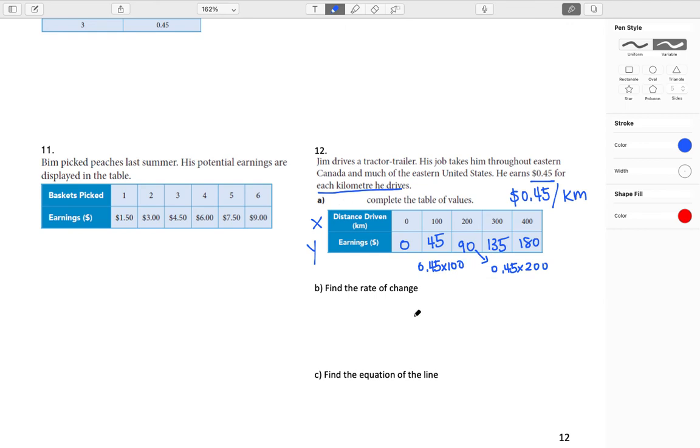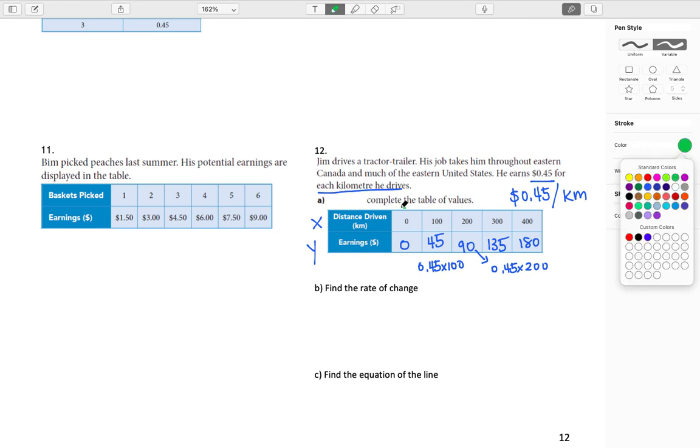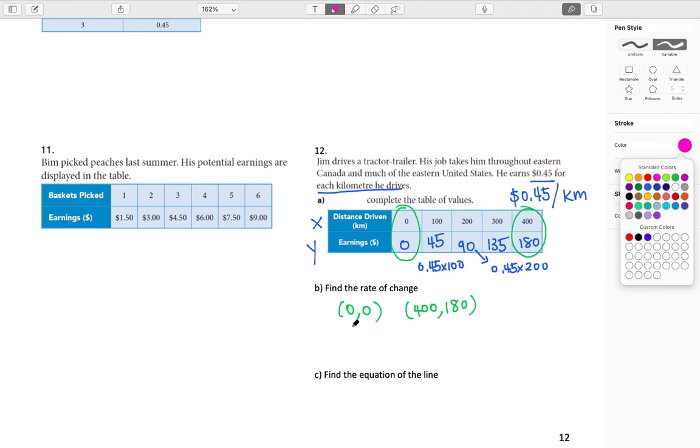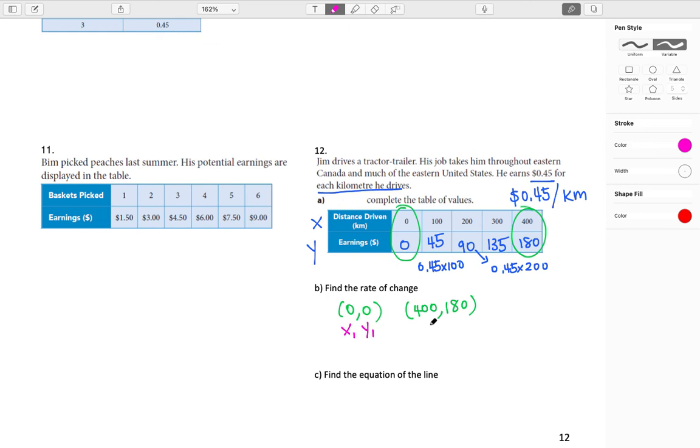Okay. So therefore, find the rate of change. Just by looking at it, it's 45 cents per kilometer. Or what you could do is pick 2 points. I could use the first point over here, which is 0, 0, and the last point over here, 400, 180. So the first is x1, y1, and the second is x2, y2.